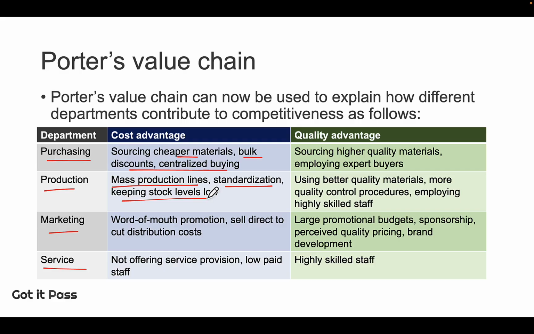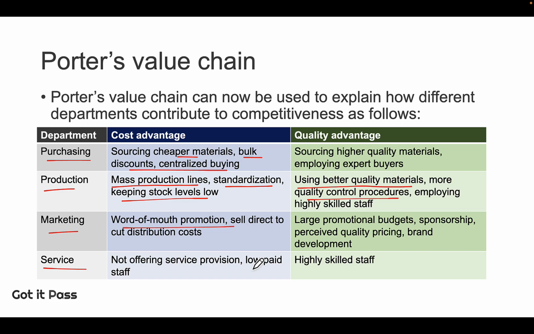And for quality advantage, production departments can have better skills to produce better quality products, with high quality control procedures and by employing highly skilled staff. So here is the quality advantage on production. And for the marketing department, a good marketing team can have some cost advantage as well, like word of mouth promotion, selling direct to cut distribution costs.